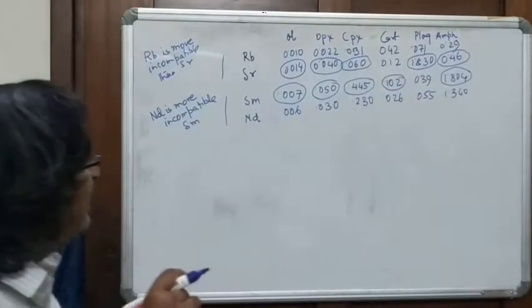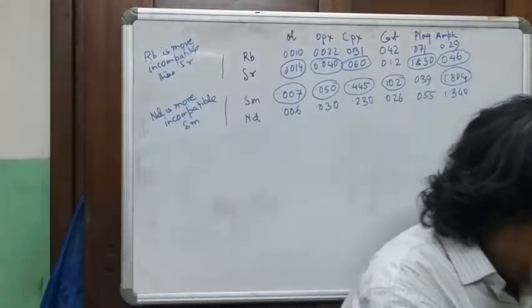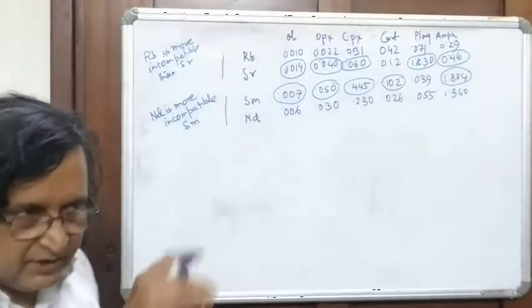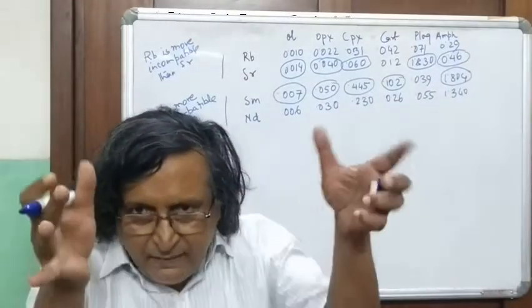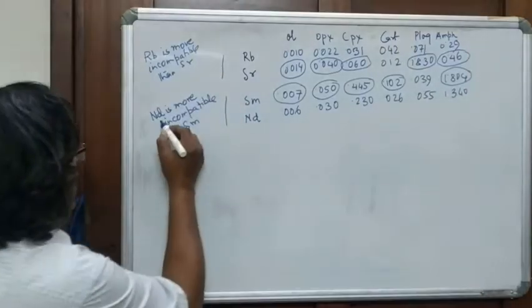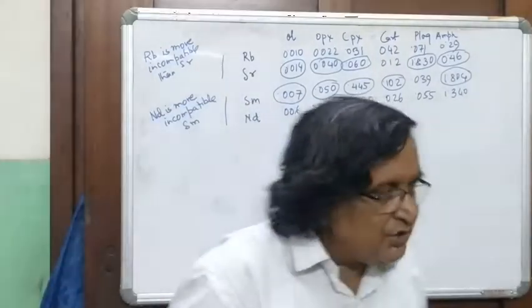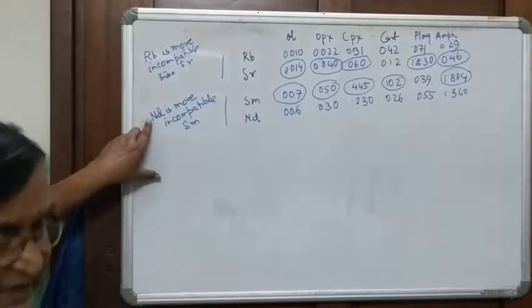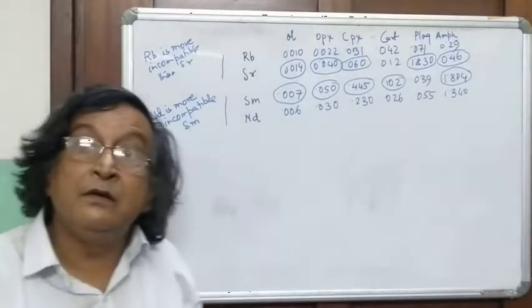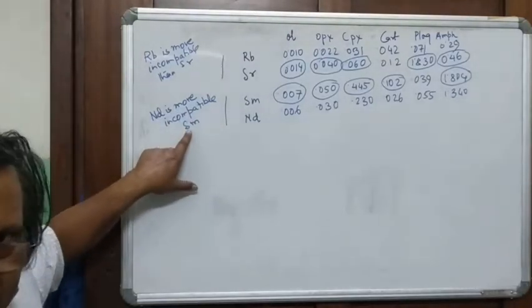Samarium-147 is the parent, and again all the isotopes of samarium make up total elemental samarium. So here, neodymium is more incompatible than samarium. Neodymium is the daughter and samarium is the parent.